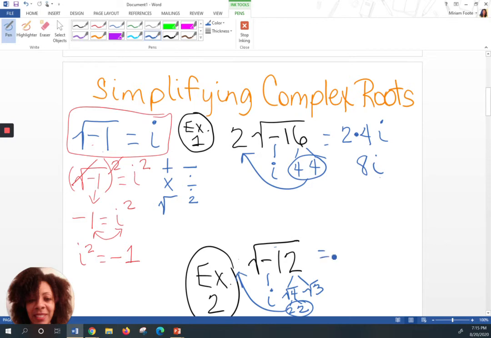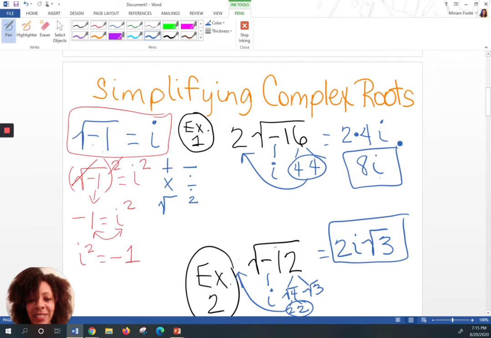So when I rewrite my answer, 2i goes outside, and then radical 3 is left over. This is how I write my answer. Some people may write it as 2 radical 3 i, and notice you see a big space between the radical 3 and the i. This is acceptable as well.